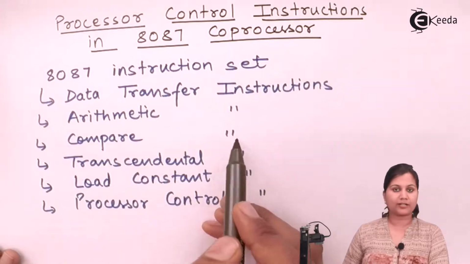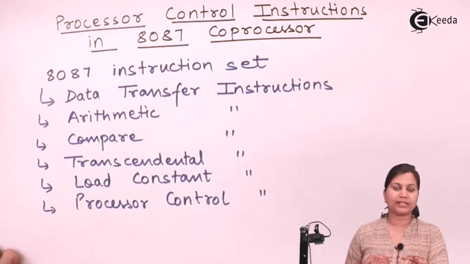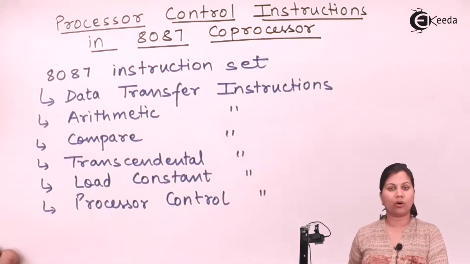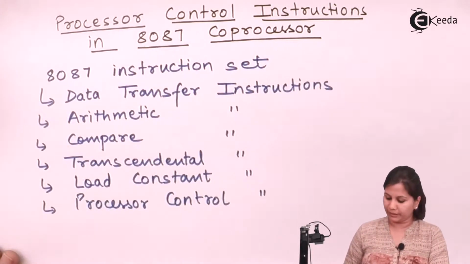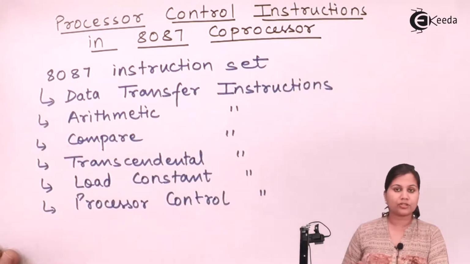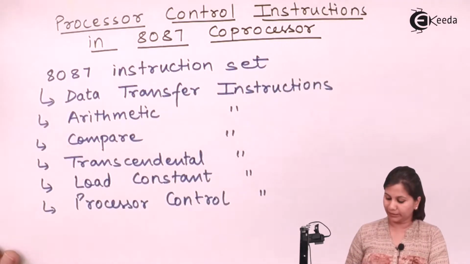Then compare instructions compare two values, whether the values are equal to each other or one value is greater or less than the other. Transcendental instructions perform the trigonometric and exponential operations.